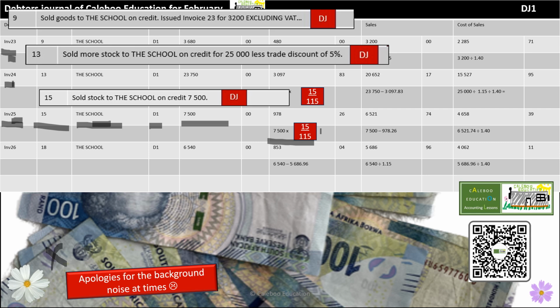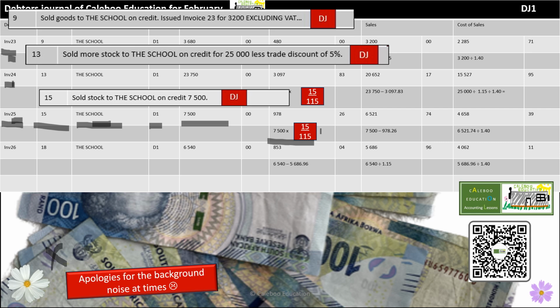If your country has a different rate for VAT, let's say for example 10%, it would be 10 over 110. If it was 20%, I think I read the UK, 20%, it's 20 over 120.